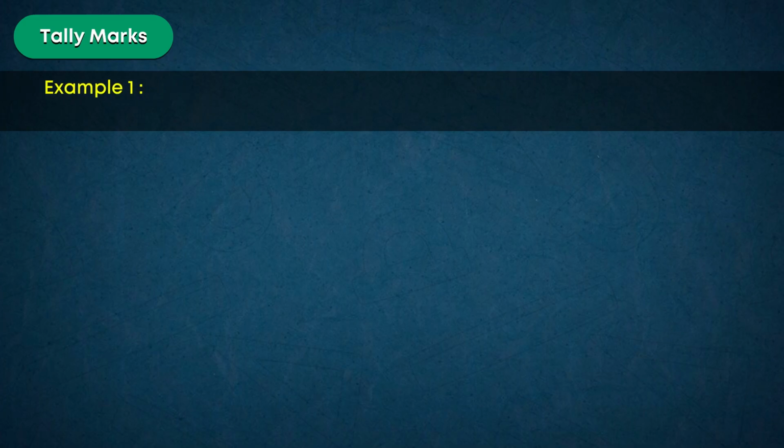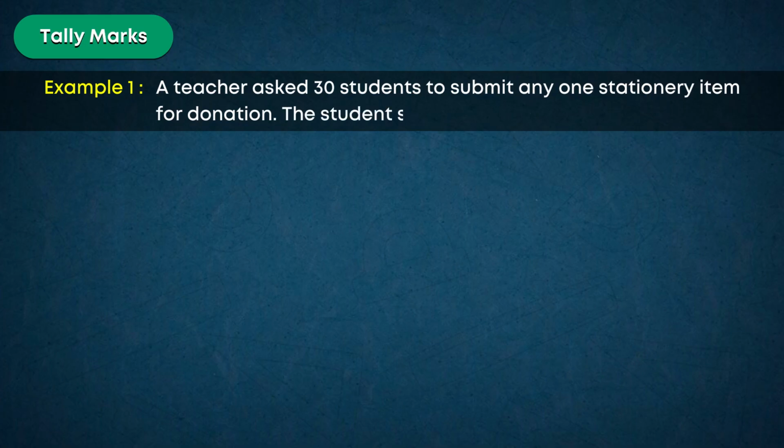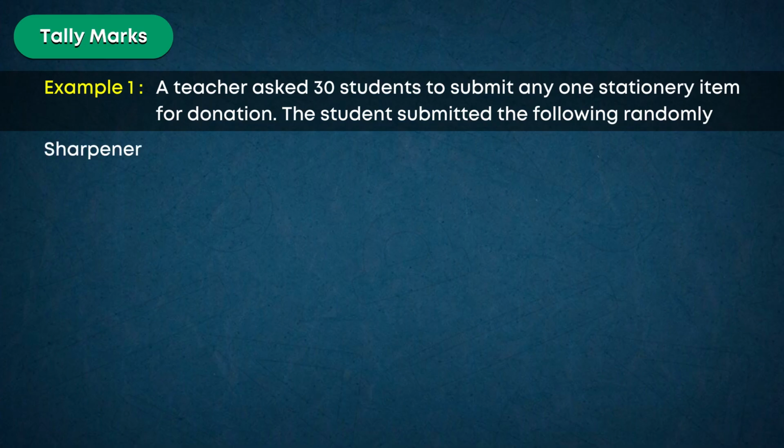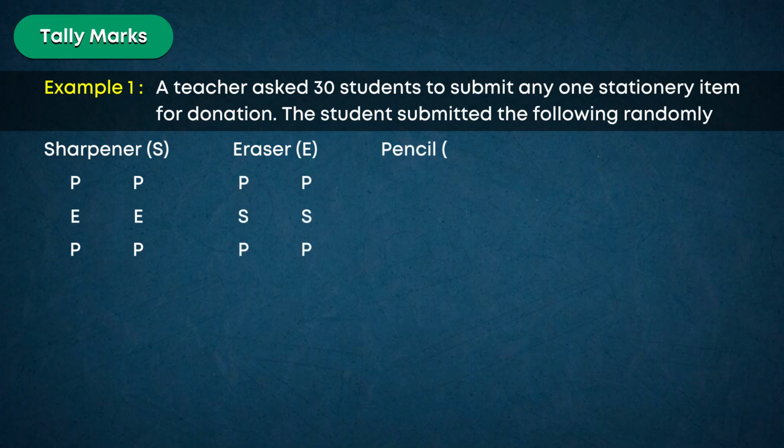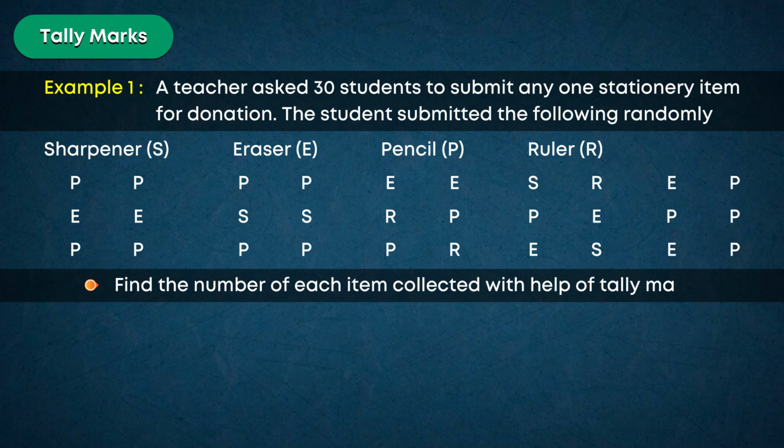Example 1. A teacher asked 30 students to submit any one stationery item for donation. The students submitted the following randomly. Sharpener, S. Eraser, E. Pencil, P. Ruler, R. Find the number of each item collected with the help of tally marks.